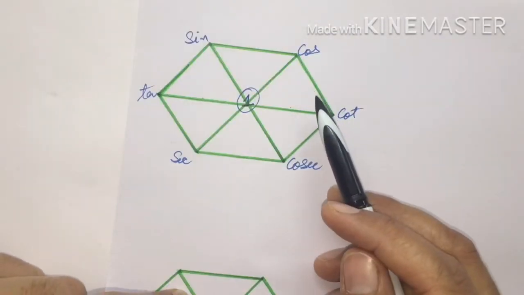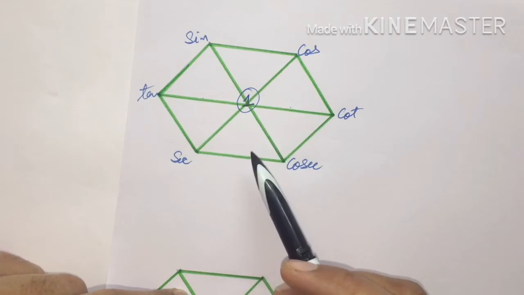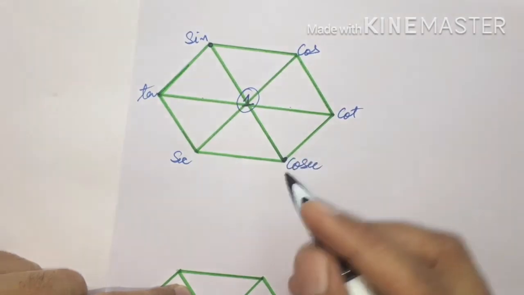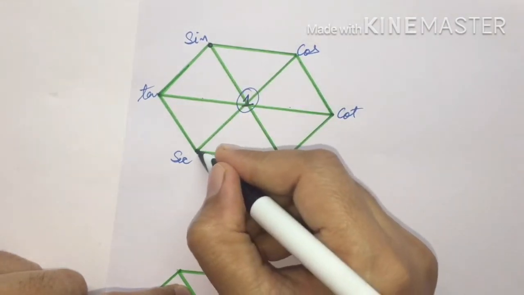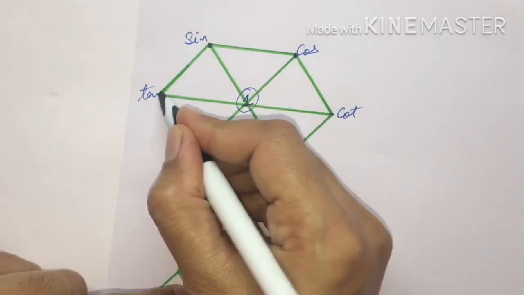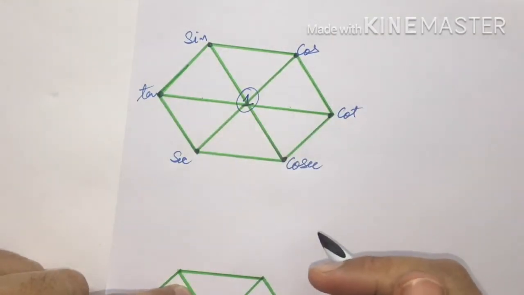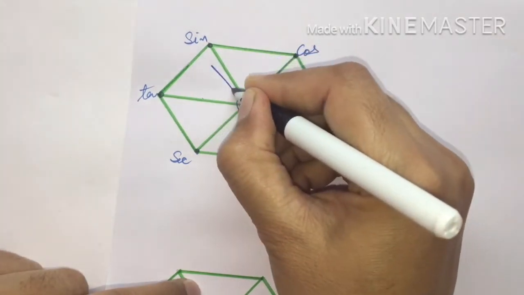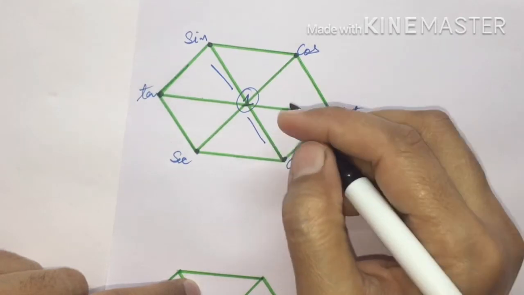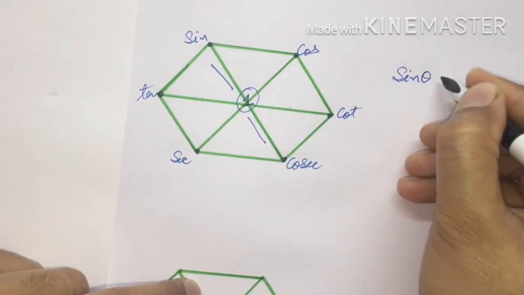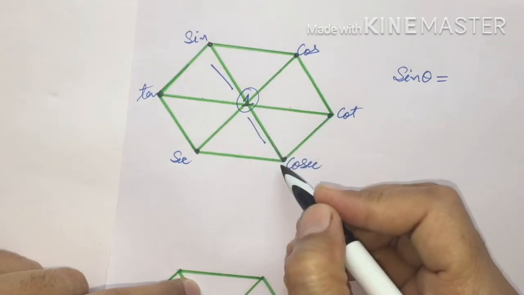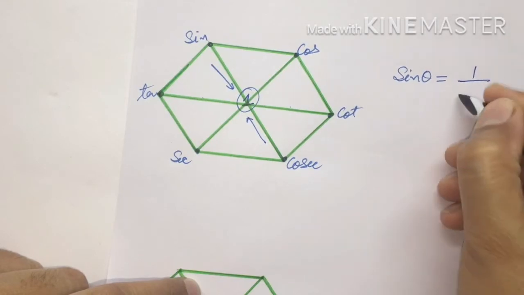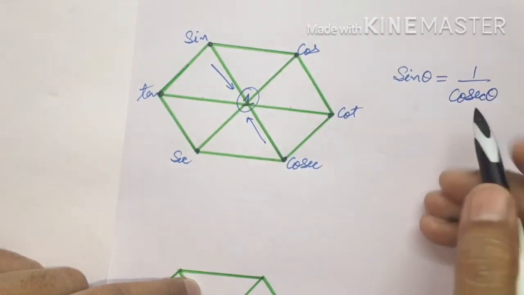Now focus on the functions at diagonally opposite vertices. Diagonally opposite vertices like sine and cosecant, secant and cos, tangent and cotangent, these are reciprocals of each other. So what can we write? Sine theta is equal to 1 upon cosecant theta, reciprocal of that.